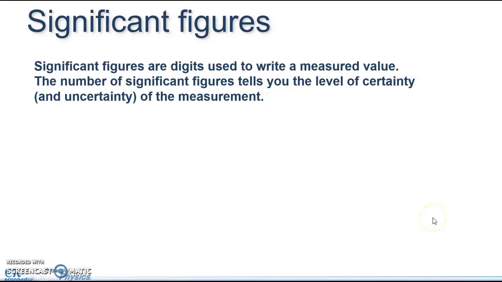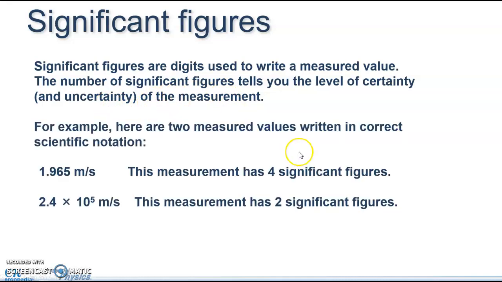All right, so significant figures are the digits that we use to write a measured value. The significant figures are going to tell you the amount of certainty, and I guess also the uncertainty, in the measurement.